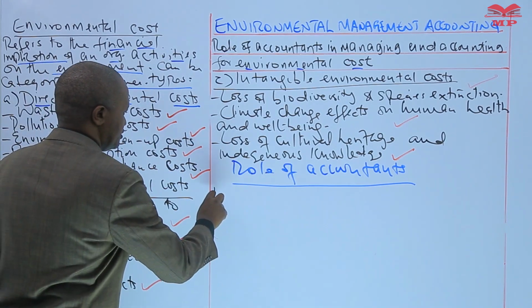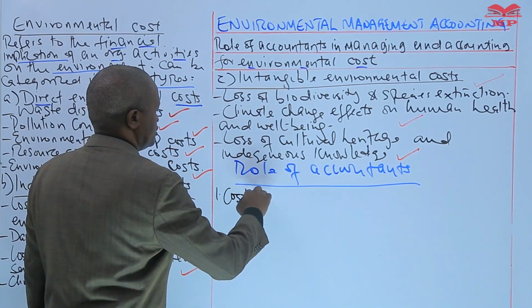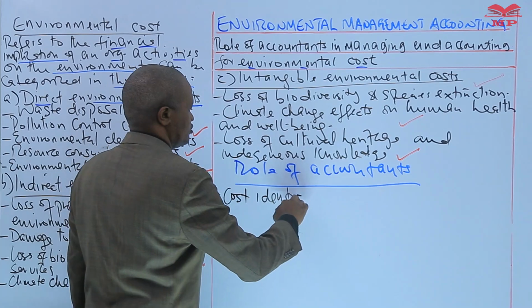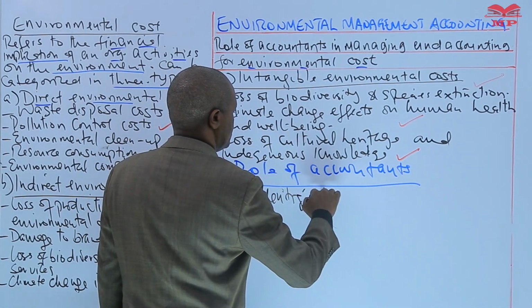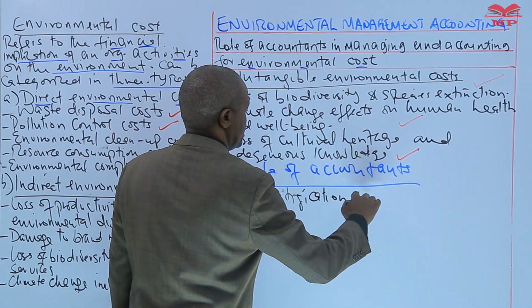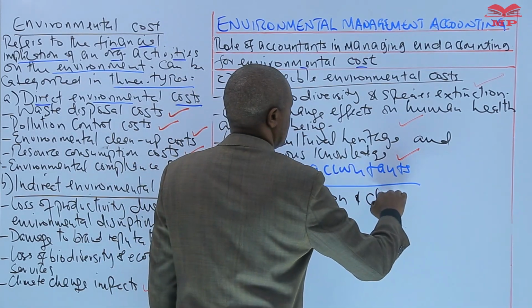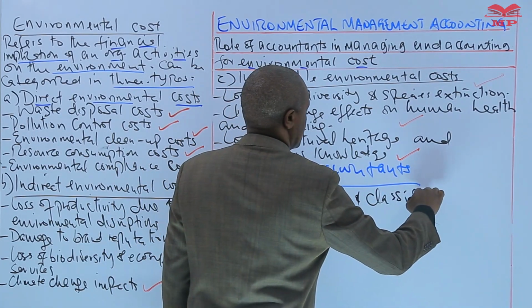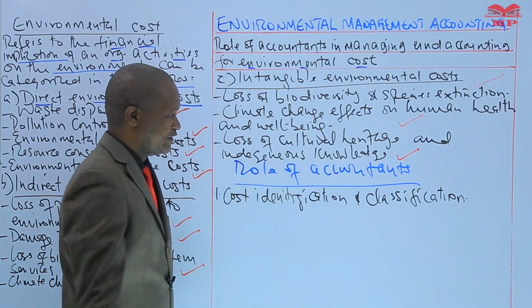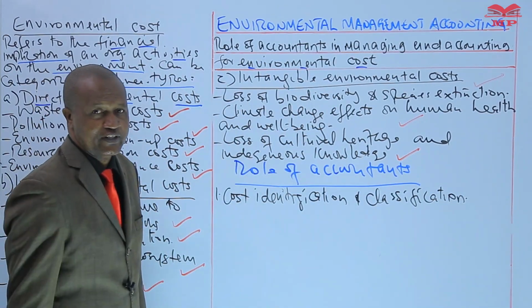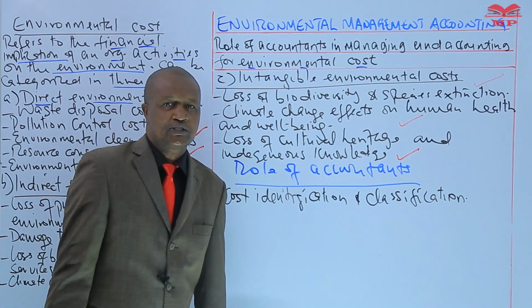Number one, cost identification and classification. Identifying the costs, classifying the costs. That's the role of the accountants.